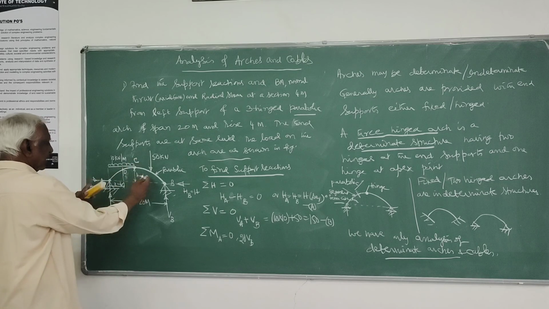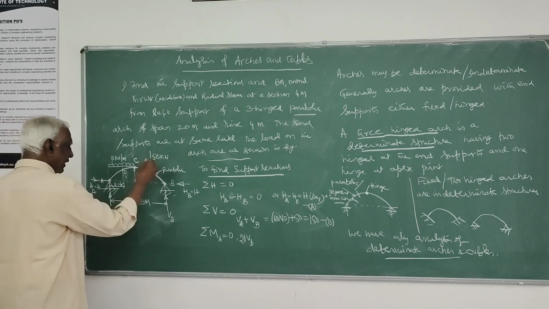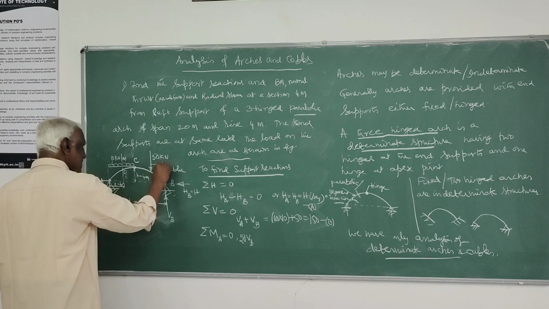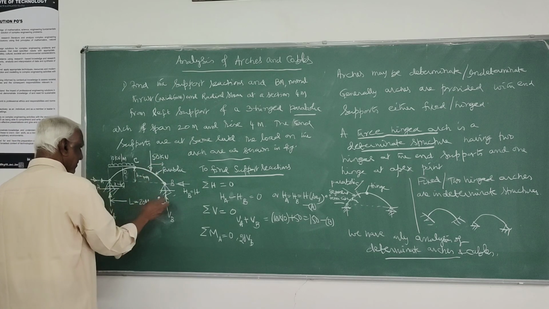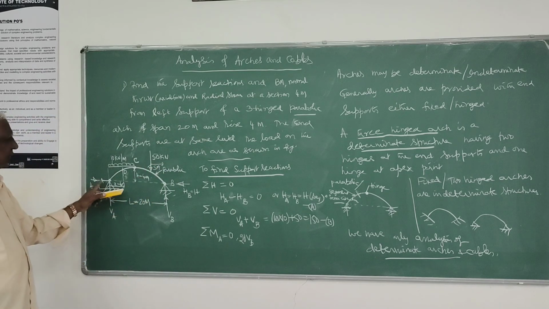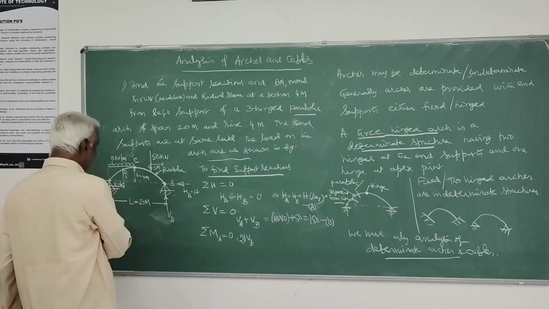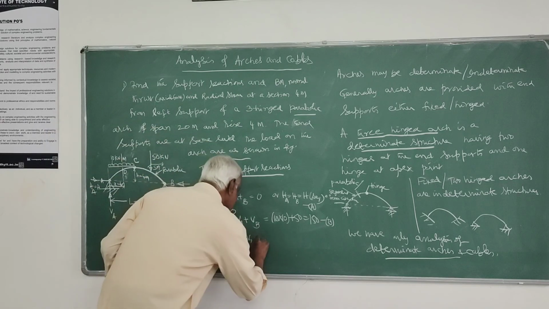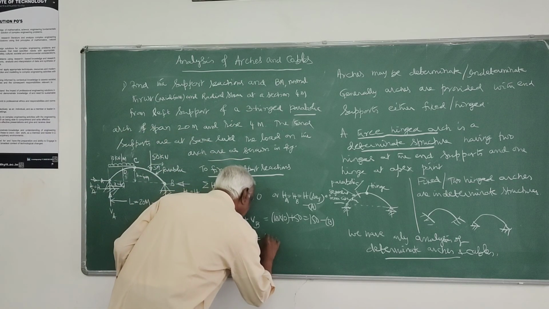Then this 50, 50 into this distance. I have not given what distance, so we can take it as exactly at 5 meters. So that means this is 15. 50 into 15 is the clockwise direction.